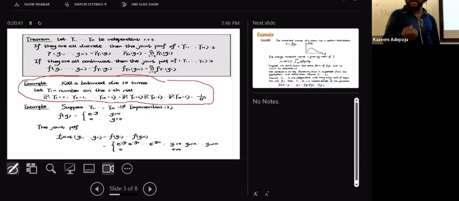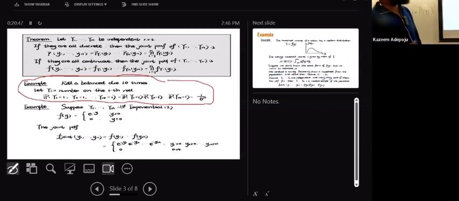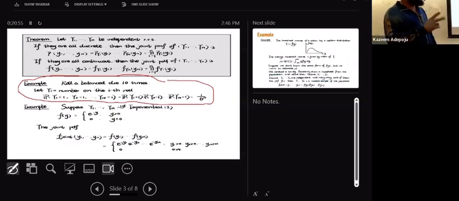How many sides do I have in a die? 1, 2, 3, 4, 5, 6. There are six sides in a die. If I'm working with a coin, how many sides do we have in a coin? Two, head and tail. So you need to be able to understand the possibility, the cardinality of the sample space.